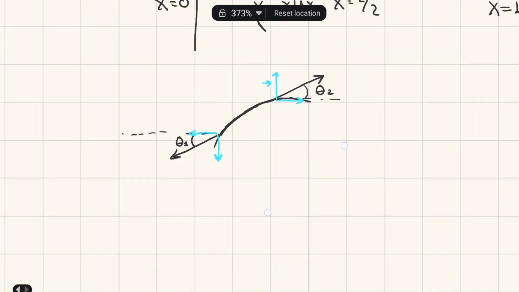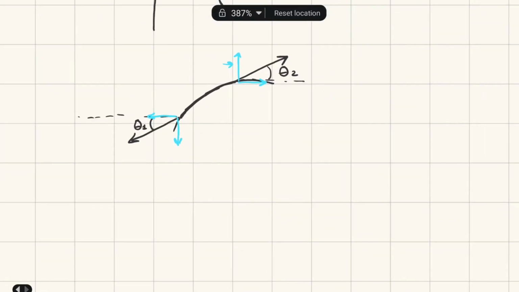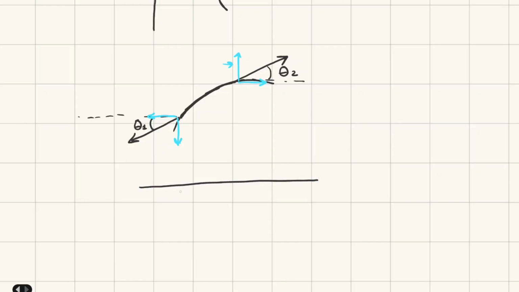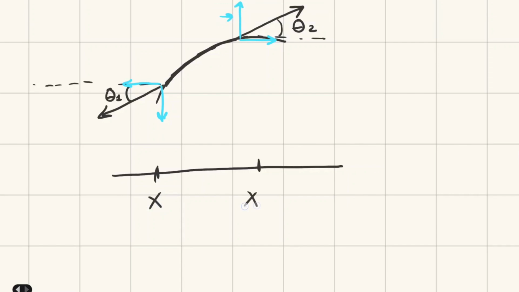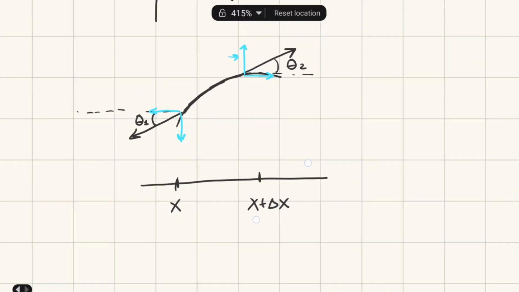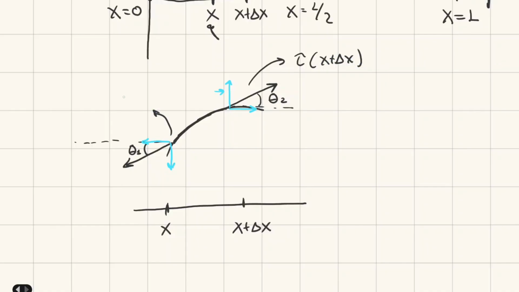Okay, so we can decompose these two forces, but let me write the reference system over here where this is x and this is x plus delta x, right? So this means that the tension that we are evaluating here will be the tau of x plus delta x, and then from here we will have tau of x.